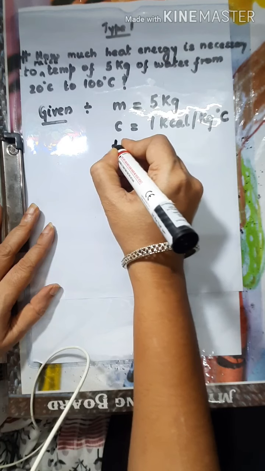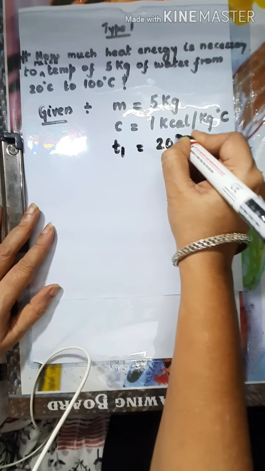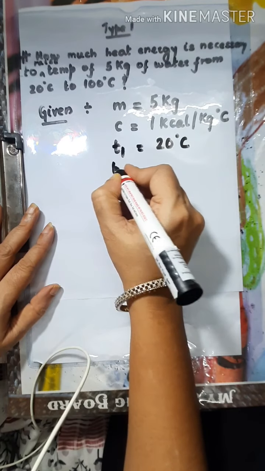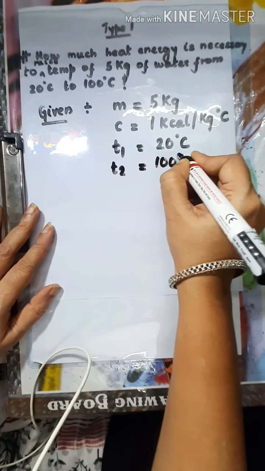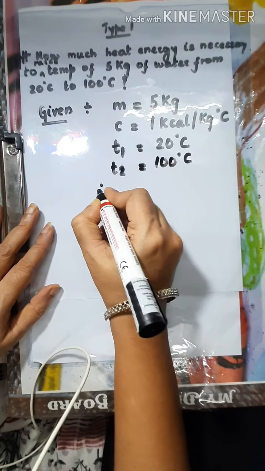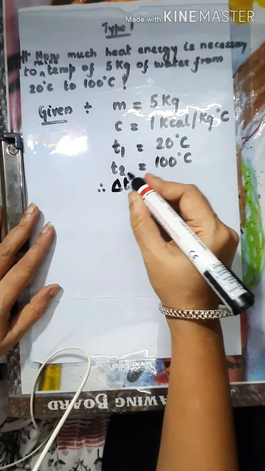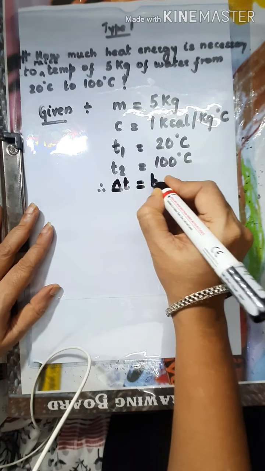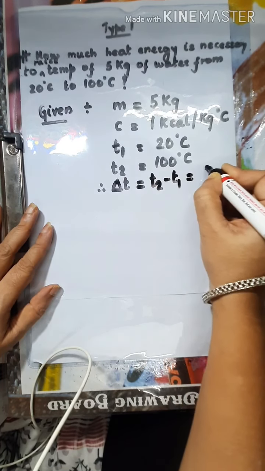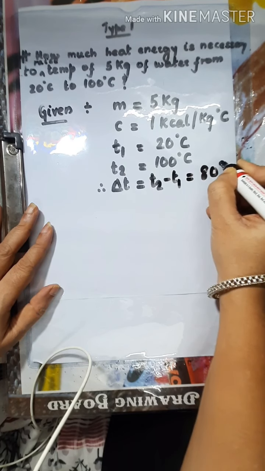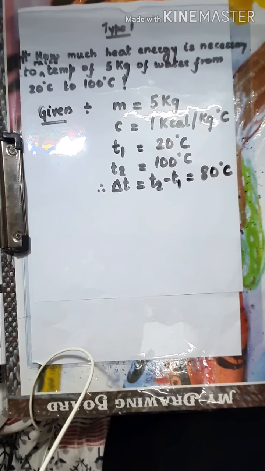So my initial temperature T1 is 20 degrees Celsius to my T2, which is equal to 100 degree Celsius. Therefore, my delta T is T2 minus T1, which is equal to 80 degree Celsius.